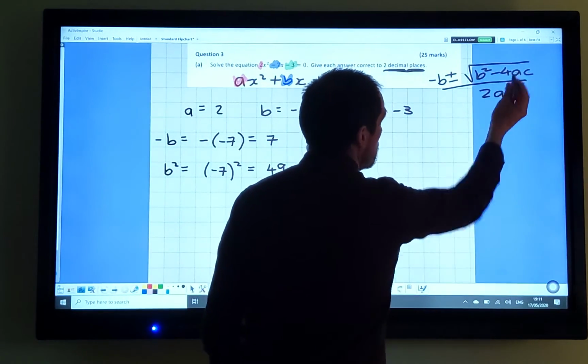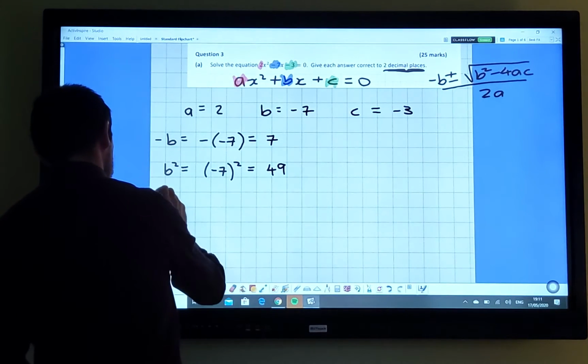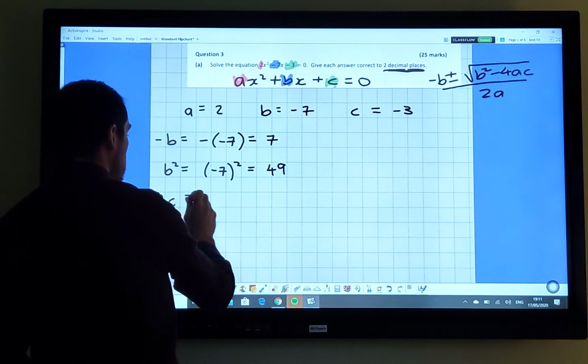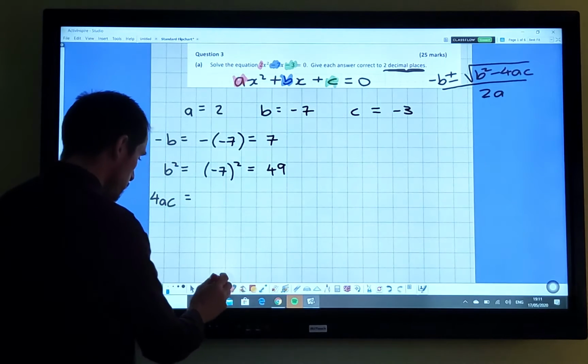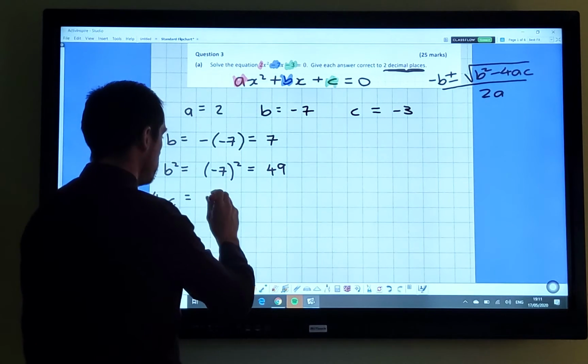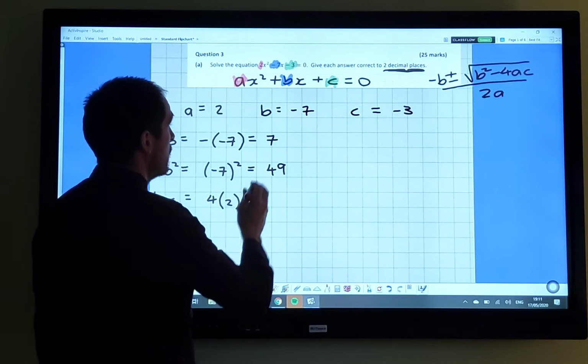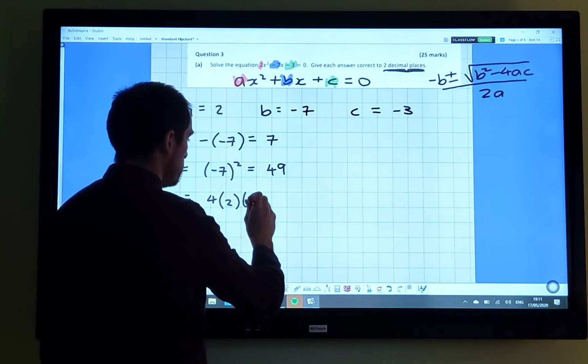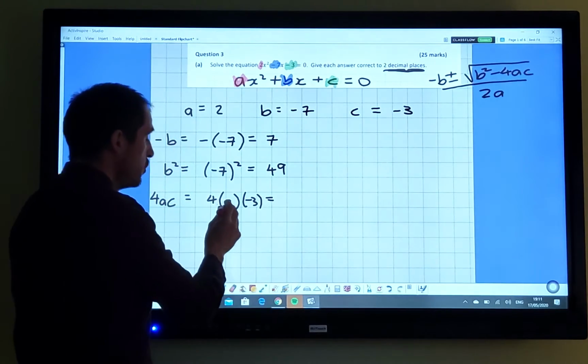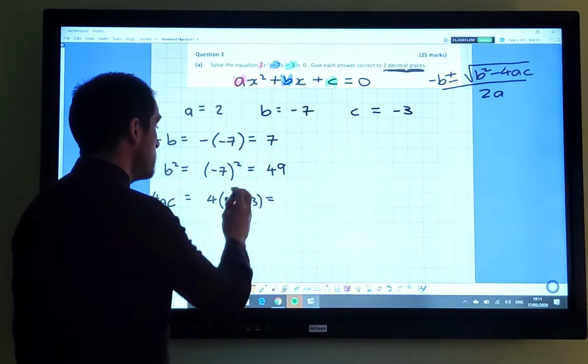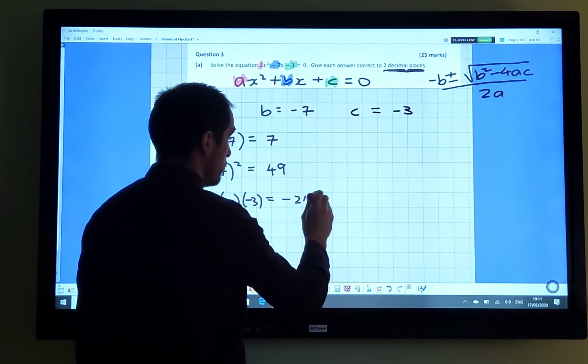Minus 4ac, so I'm looking at 4ac. So 4 times a times c, that's what that means. So that's going to be 4 times a, which is 2, and c, which is minus 3. So 2 times 4 is 8, and 8 times minus 3 is minus 24.